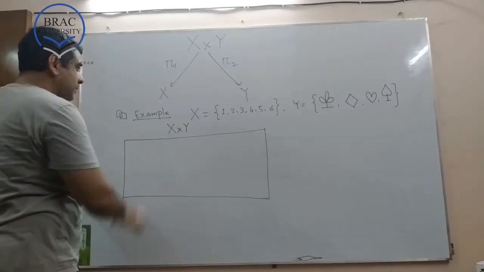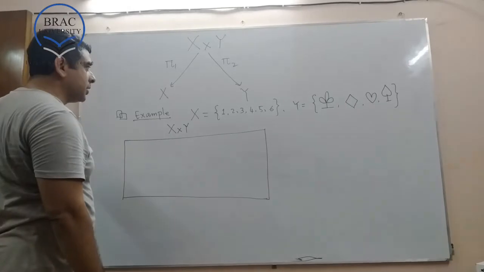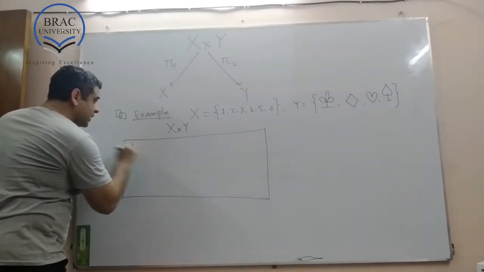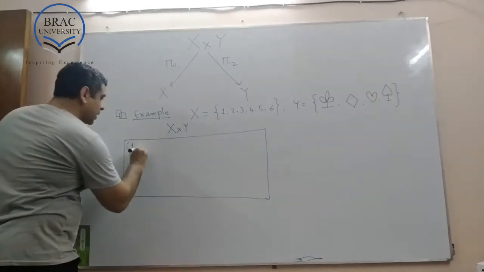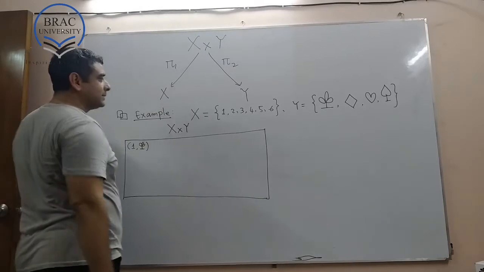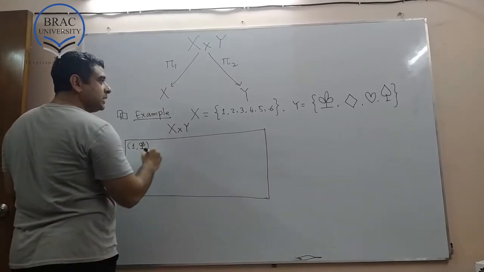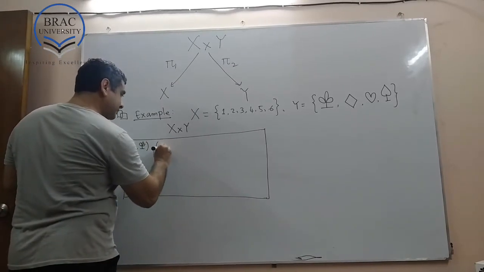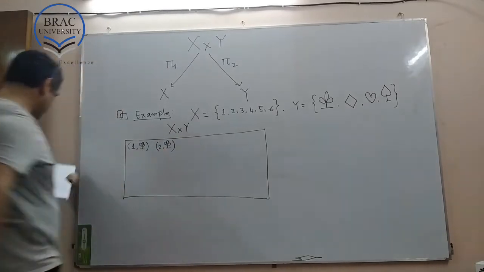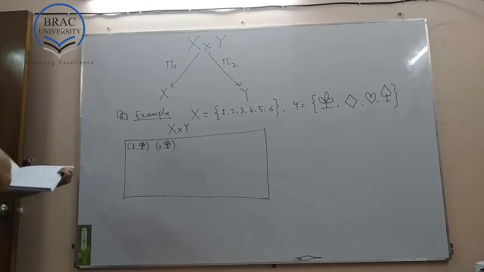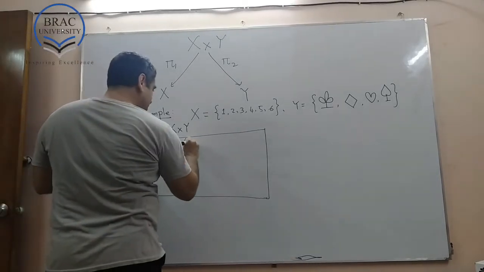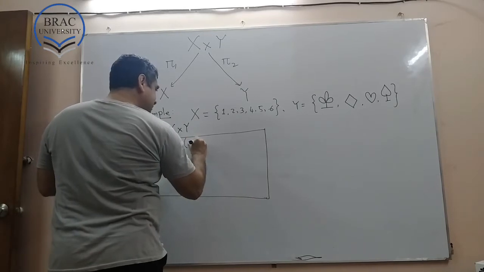So, let us list all the elements here. The first one I'm writing as (1, club). The second one, (2, club). The third one, (3, club).